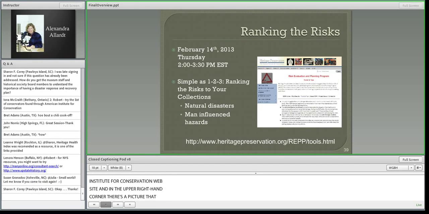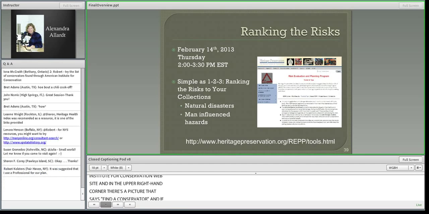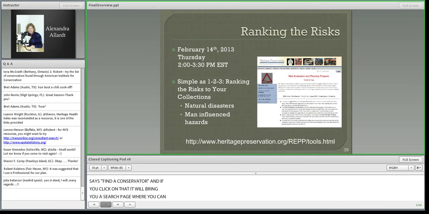And where are you? And how far away are you willing to search? 20 miles, 50 miles, 100 miles? And you click the Submit button, and it will come up with a list of conservation professionals in private practice, independent professionals who have those particular qualifications that you're hunting for.